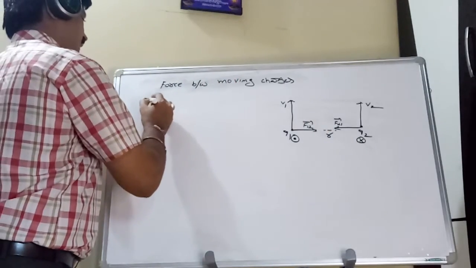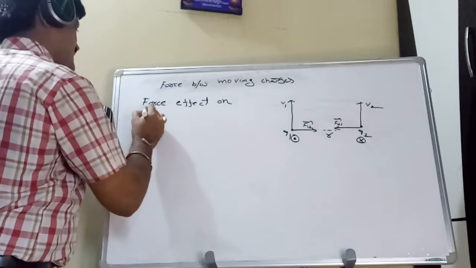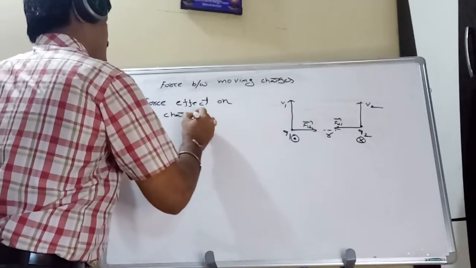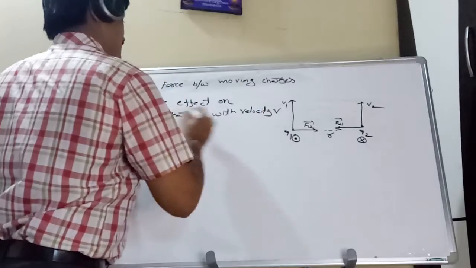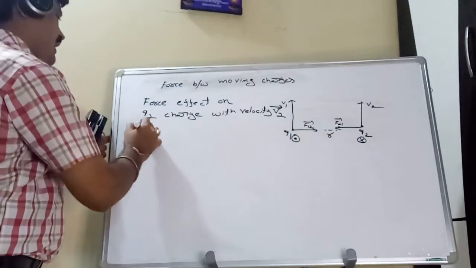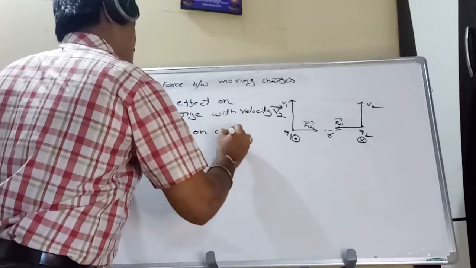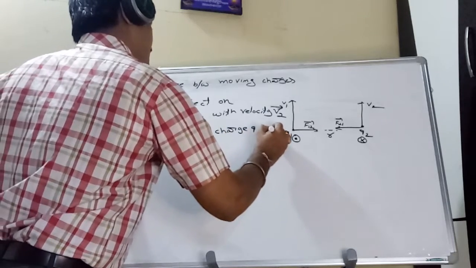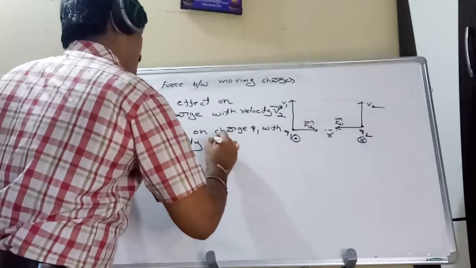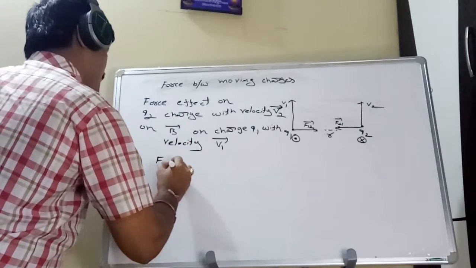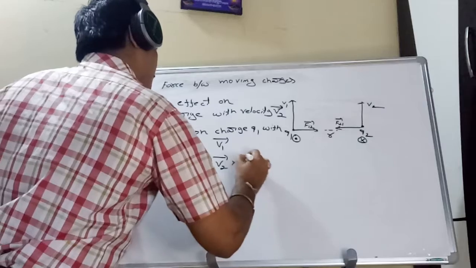The force effect on charge Q2 with velocity V2, in the magnetic field induction B1 due to charge Q1 with velocity V1, is F21 bar equal to Q2 into V2 bar cross B1 bar.